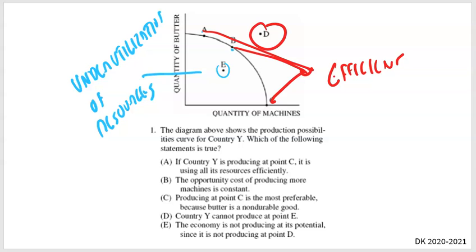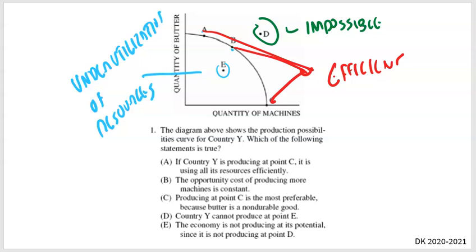And anything outside the curve is going to be impossible without trade. If we can trade or if something changes with one of the shifters of the PPC, then we could reach point D. But by itself, on this graph right now, it is impossible to obtain.